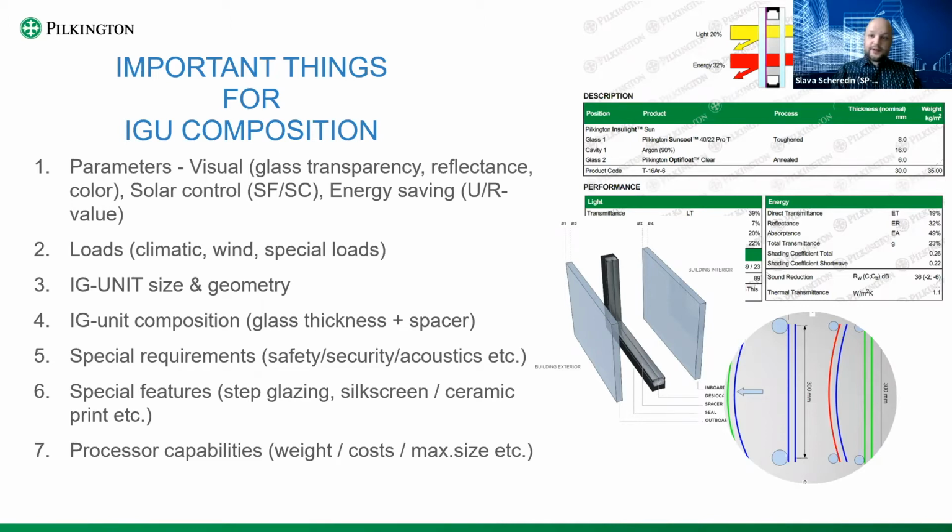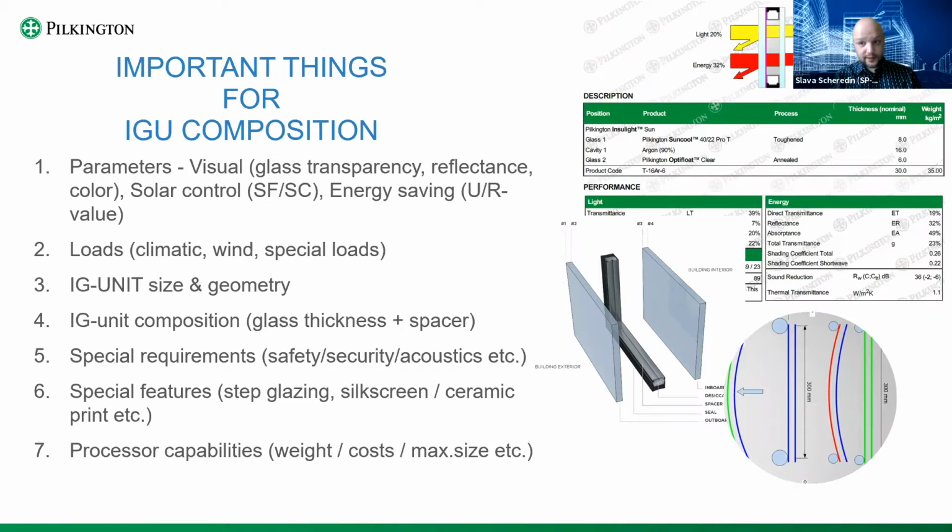Then comes a very important topic about IG unit size and geometry, because in IG units, size really does matter, because it affects the cost, as always. It should always be compared to the processor's capabilities, meaning whether the glass IG unit manufacturer can actually make the IG units that you designed.